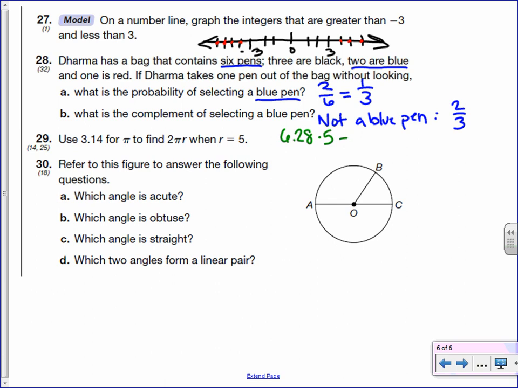So if I have 6.28 times 5, 8 times 5 is 40, 2 times 5 is 10, plus 4 is 14, and then 5 times 6 is 30, plus 1 is 31. We ignored 2 decimals, and that would give us 31.40.